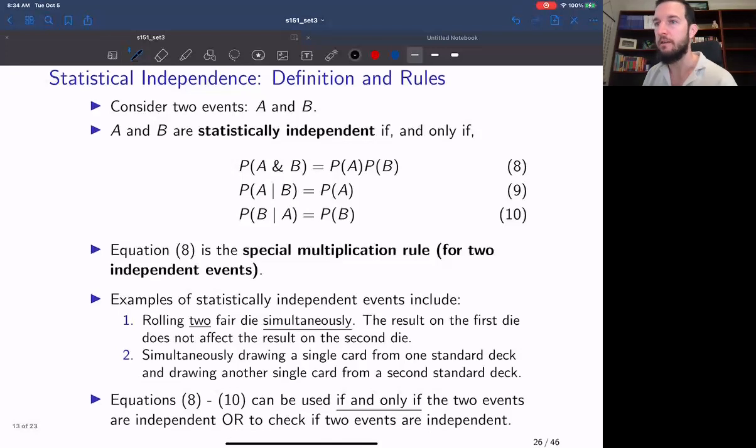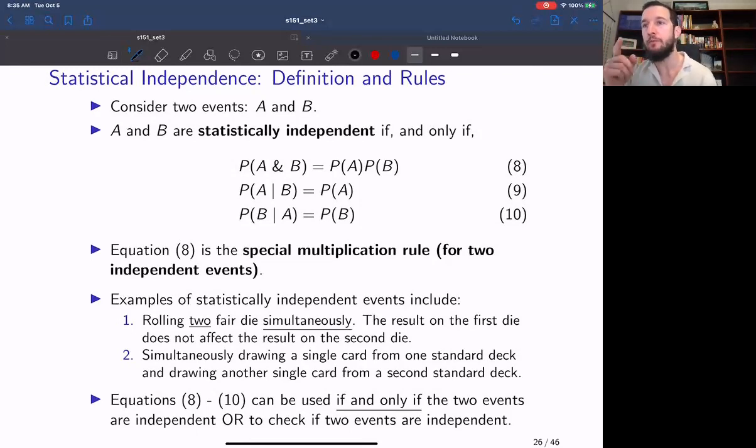On slide 26, we have 3 formulas. These 3 formulas can be used if we know the events are independent. So if from the description of the problem, we can tell that the events are independent, we can use these formulas for computation. These formulas can also be used to check for independence.